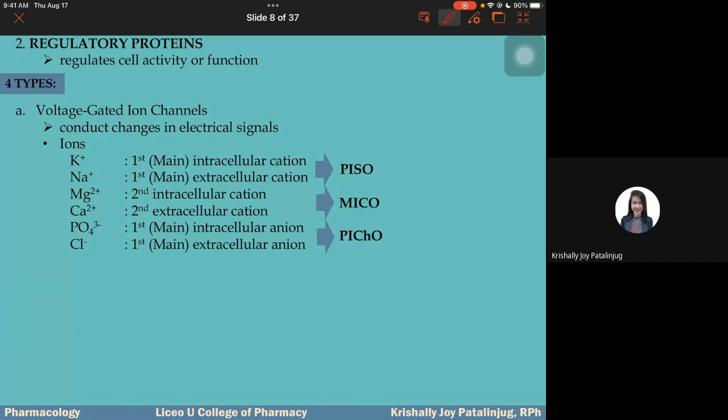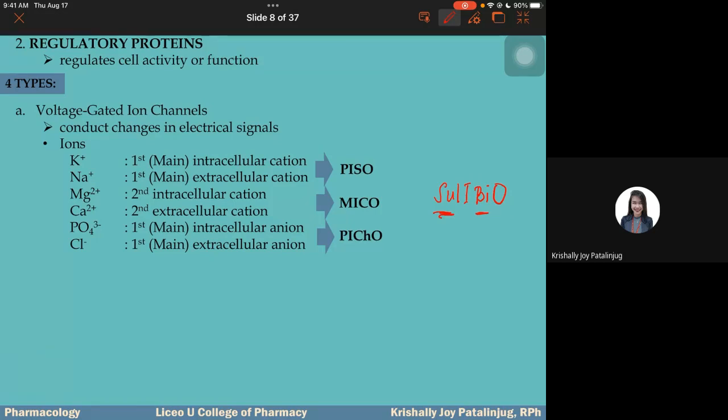Kindly add as well, although they are not available as voltage-gated ion channels, the Sulibio mnemonic. Just to recall that these are also ions.